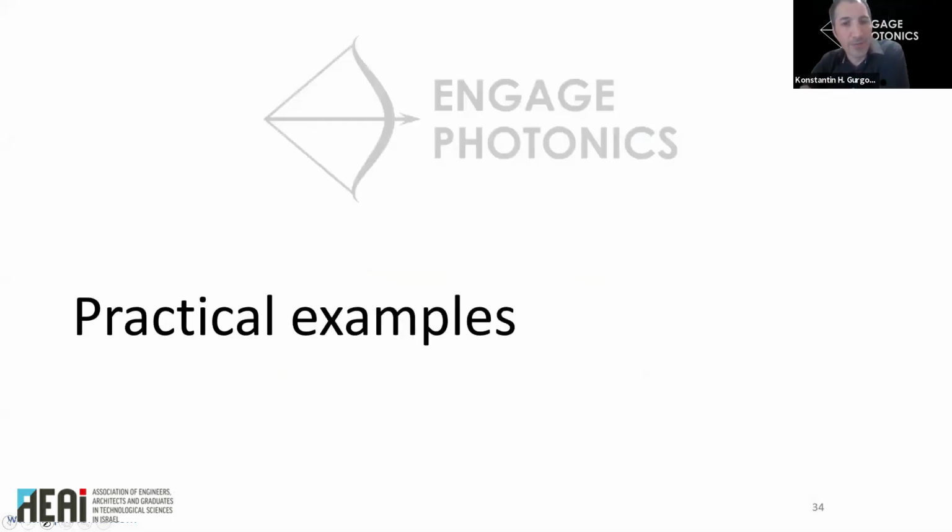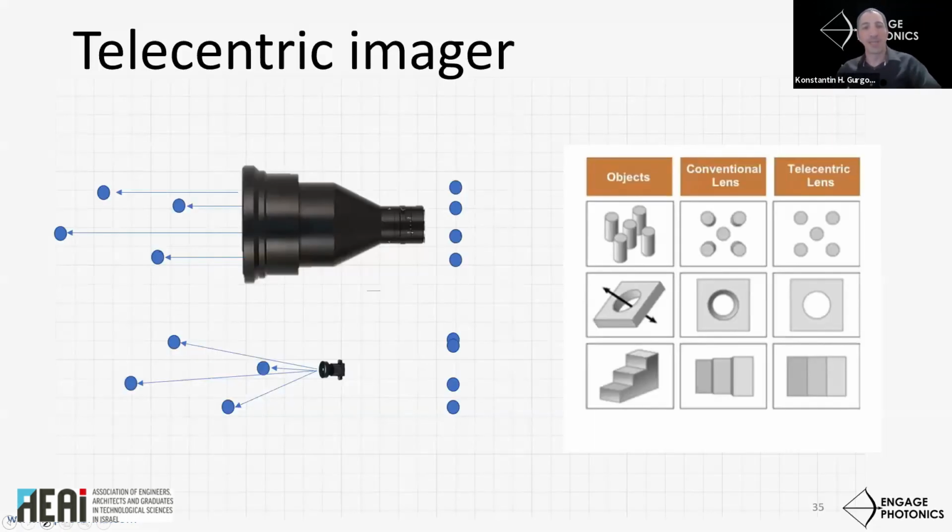So let's take a look at a couple of practical examples of computer vision applications and how the optics was optimized for the suitable geometry or resolution requirements of those systems. So this is the Telecentric Imager.